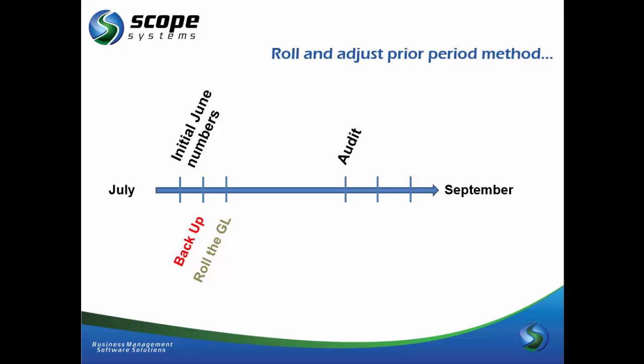If you go through the roll and adjust prior period method, there are a few steps to remember. Initially, on the 1st of July, we initial the June numbers, back up, roll the general ledger, and unlock the general ledger.